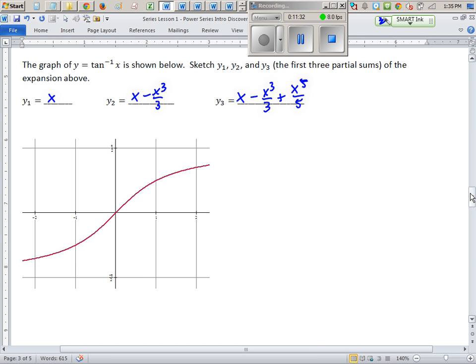So y1 just, of course, looks like this, kind of lame. Even that's a pretty good approximation, isn't it? Tan inverse is a rather straight graph. It's not a line, but in the middle it kind of looks linear, right? And I did a horrible job drawing that. I'd like to redraw. It's concave up on the left, so the line should be under. Concave down on the right, so the line is above.